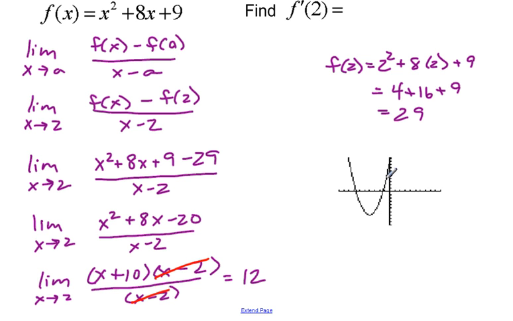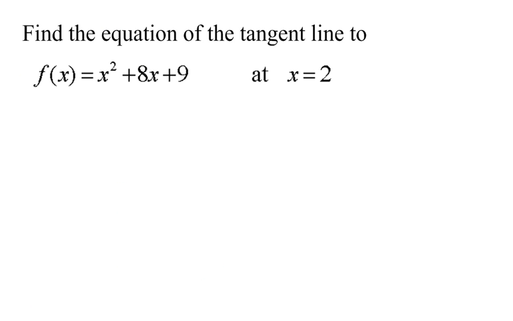This is just a parabola, so it's going to keep going up. And at 2, we would expect this to be rather steep. That's a pretty bad drawing, but an answer of 12 does make sense because my parabola is getting steeper and steeper. And so we can see that our slope would be positive and quite steep at 2.